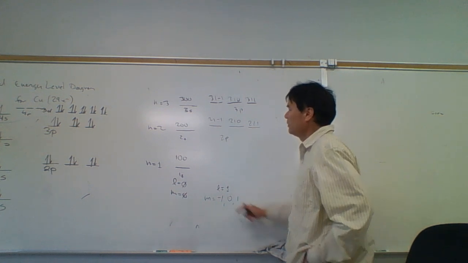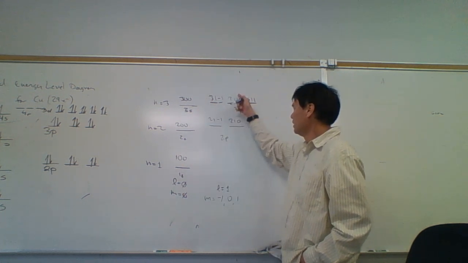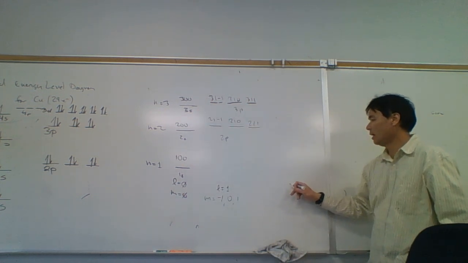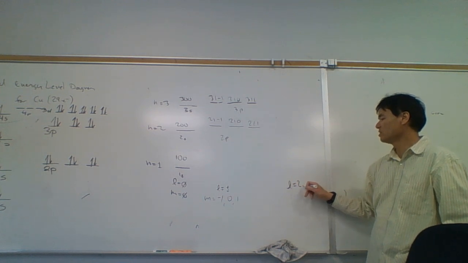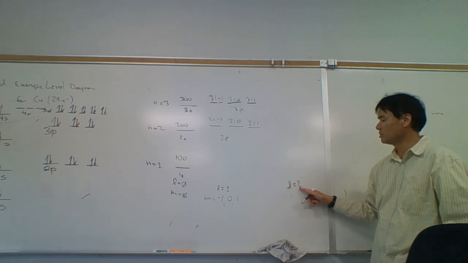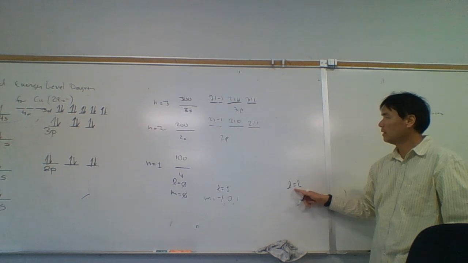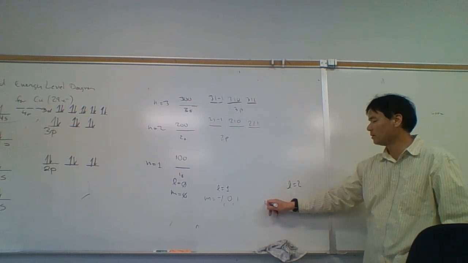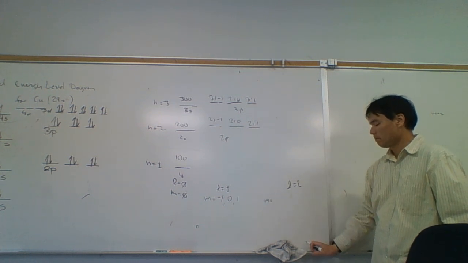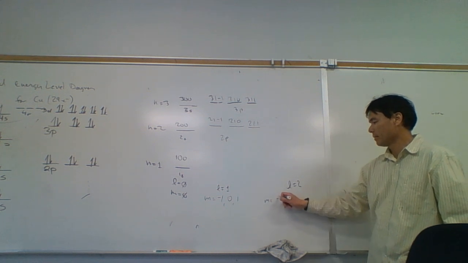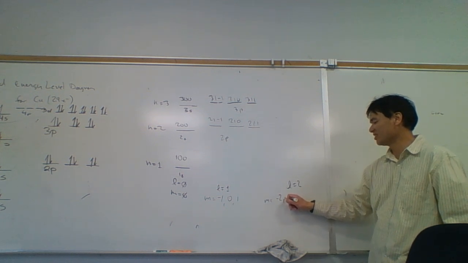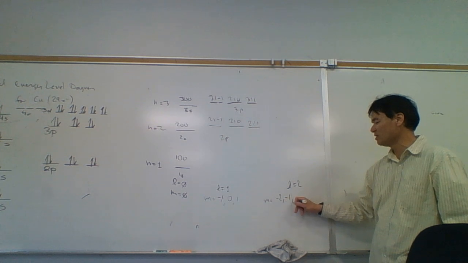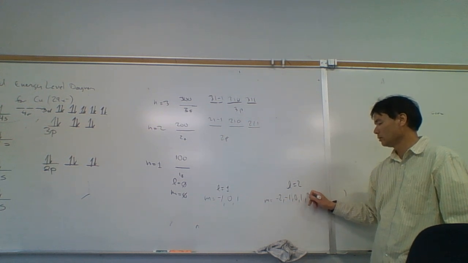But, so we're allowed L equals 0, we're allowed L equals 1, and we're allowed L equals 2. So this would be the max. 3 minus 1 is 2. If L equals 2, what are my allowed M values? -2 to +2. So it would be -2, -1, 0, 1, 2.